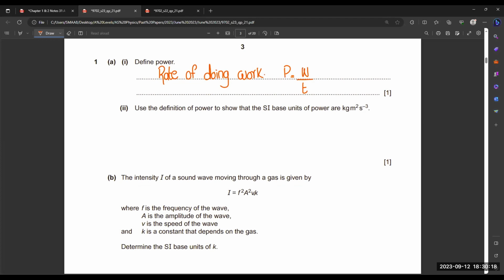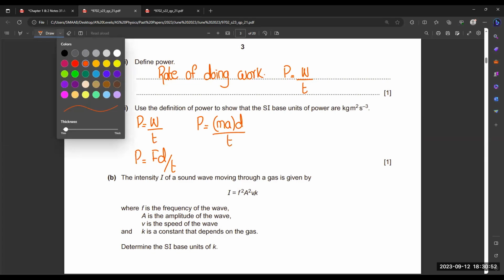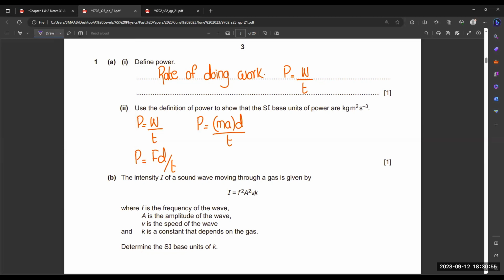So we have to derive according to that. If we use the formula for power, W over T, and if we further split the formula, F into D over T, and further simplify it, F is equal to MA, D over T. Now all quantities are very basic, and we can easily write the SI units of all quantities.